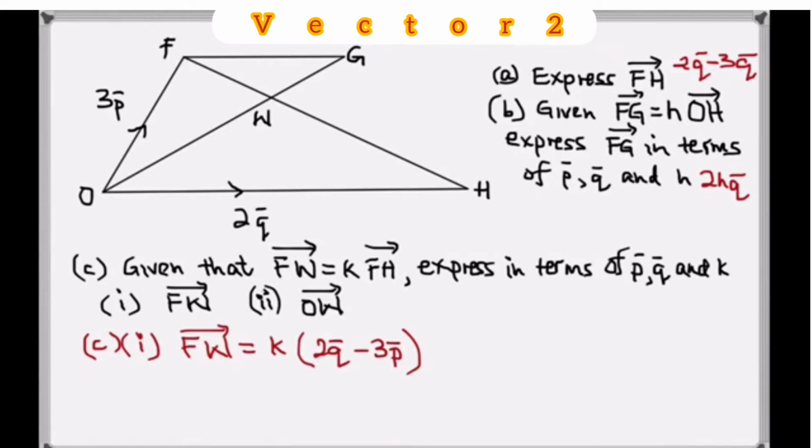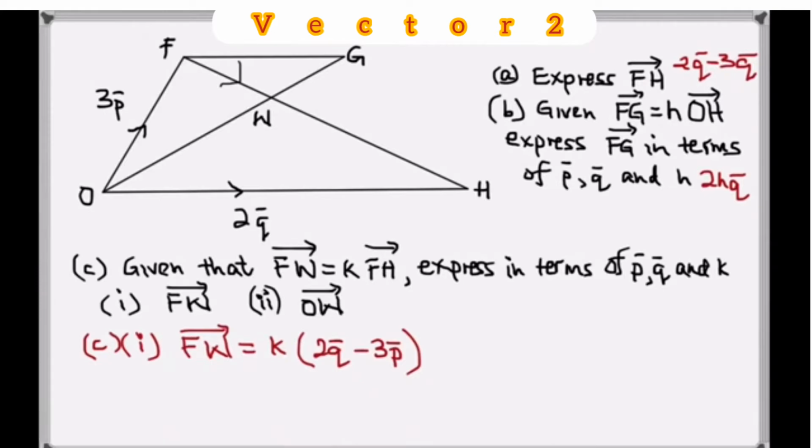Then on part 2, OW, to go to OW, we start from O to F, we are given 3P, then FW, we found FW, so we'll add, since we are going the same direction as the vector.